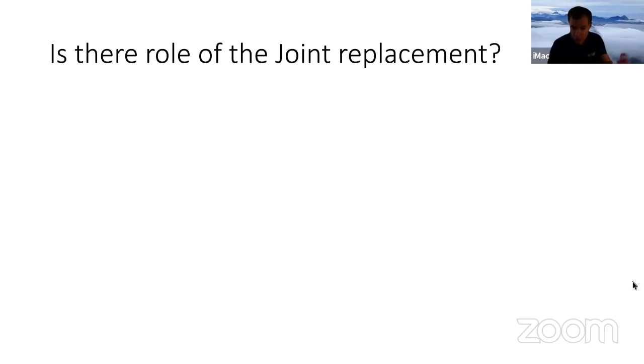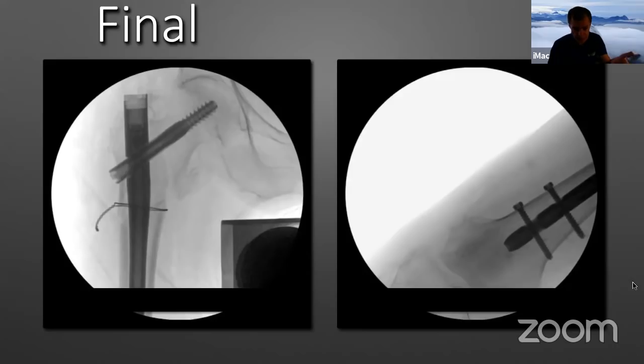That's the 2 or 3% failures that we have with the nail today. The last report showed 3% failure in unstable trochanteric fractures treated by nail and 8% with the DHS. So if you have the augmentation in the femoral head, it's going to be a huge improvement on fixation of these kinds of fractures. I don't know. We need to see the results, the studies that come out.